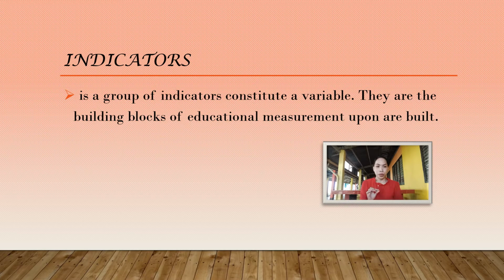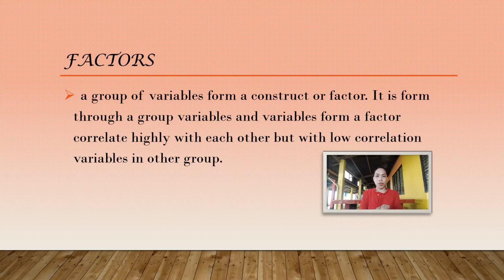They are the building blocks of educational measurement upon which all the other forms of measurement are built. Next is factors. A group of variables forms a construct or factor. Variables that form a factor correlate highly with each other, but with low correlations with variables in other groups.